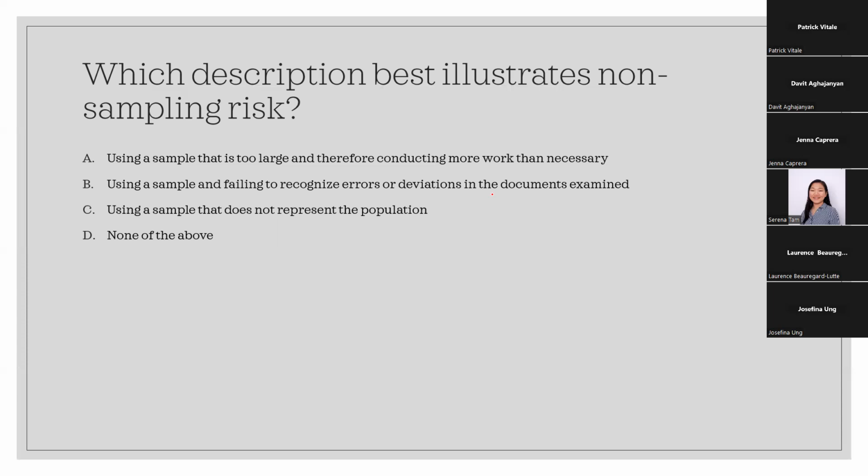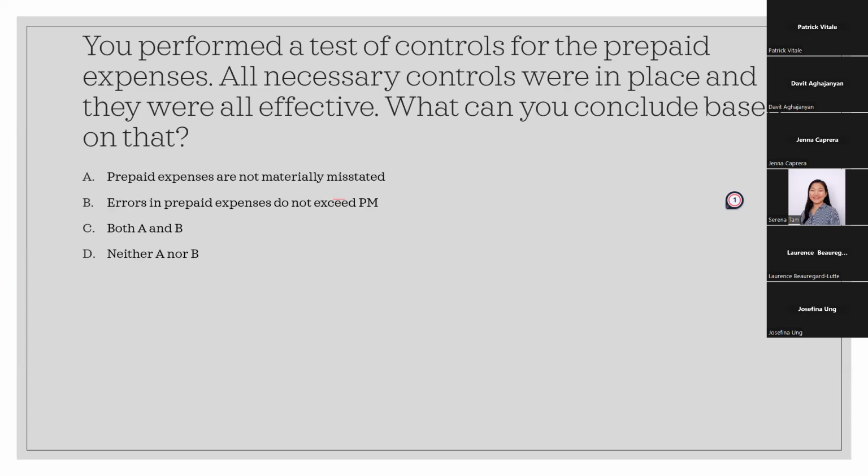So that's kind of like you're not recognizing that error. So that's why it would be using a sample and failing to recognize errors or deviations in the documents examined. Okay, so C would be for sampling risk. B would be for non-sampling risk. All right. Thank you. Yep. Perfect.